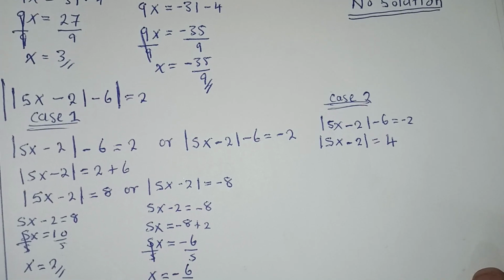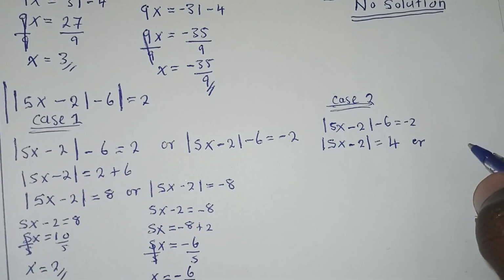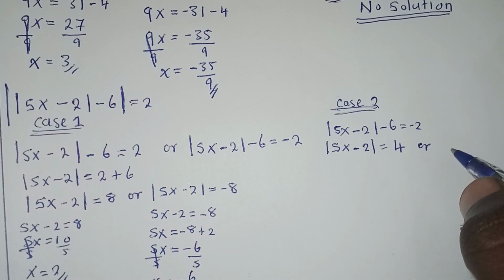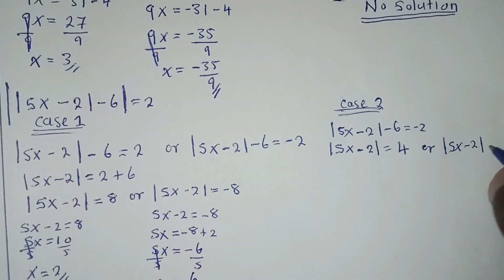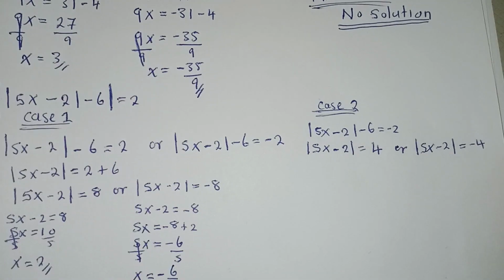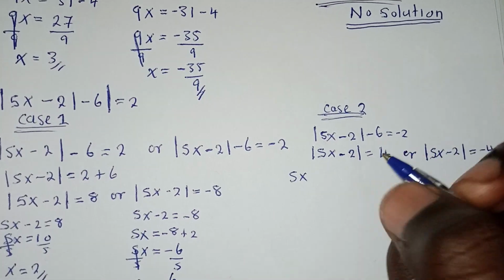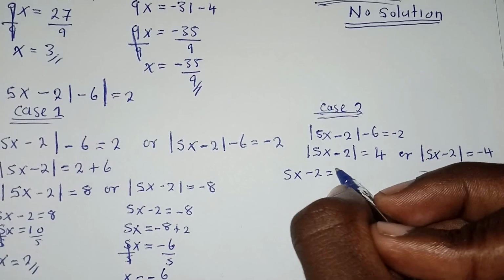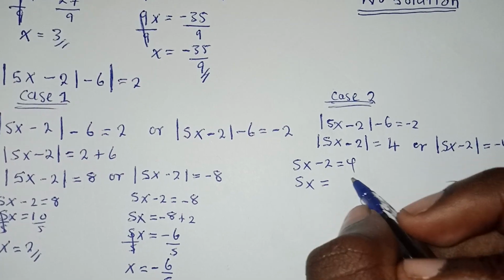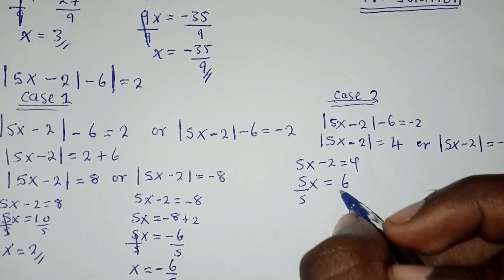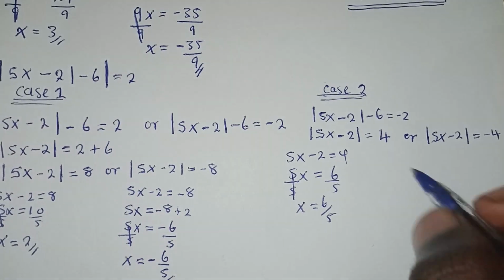Then from here, we come up with another case. We say the absolute value of 5x minus 2, and then again we put a negative this side, to see if this is going to give us some value. So 5x minus 2 equal to 4. 5x equal to 4 plus 2, which is 6, over 5 over 5. x is going to be 6 over 5, like this.